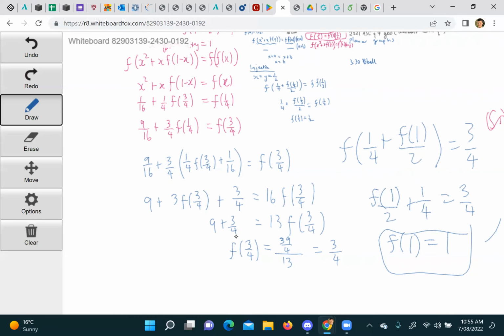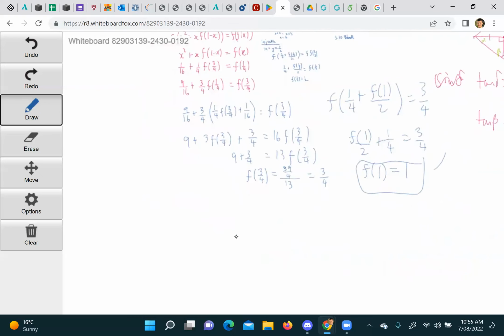I got that f of every integer is divisible by f of 1. And then there's this other multiple. Oh yeah, you do get f of all integers equal to themselves.